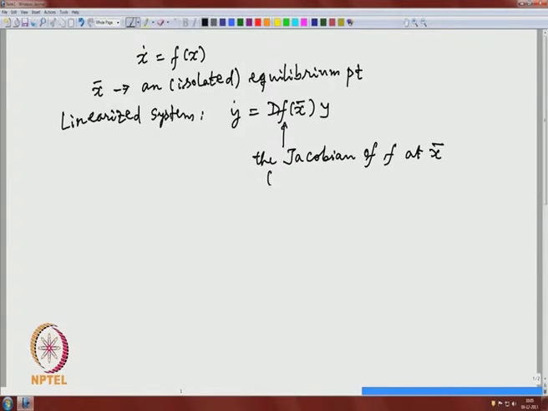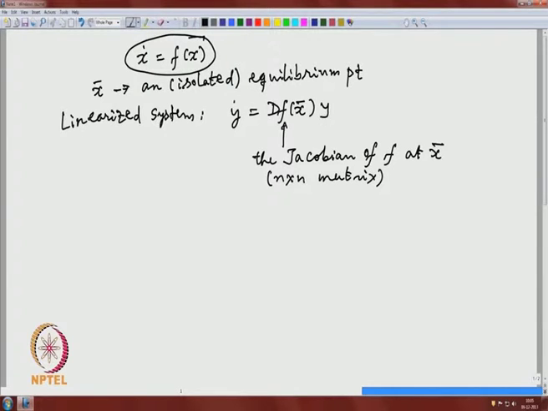So, it is an n by n matrix. When we analyze this one, we called it linear stability analysis of this nonlinear problem.